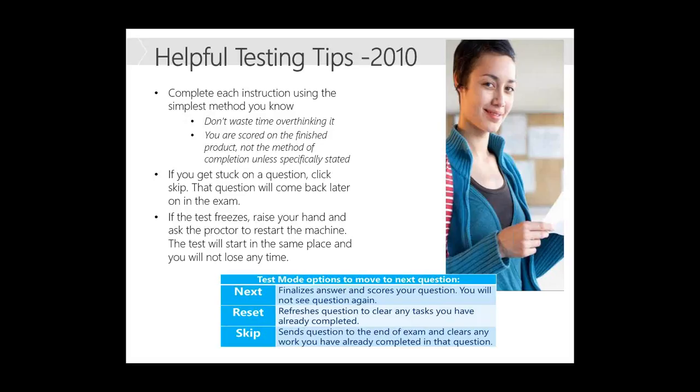We all know that there's several different ways you can change font, and you don't get scored on which way you decide on. It's just if you get the right answer. So just use the simplest method you know, because you're trying to save time. Don't waste time if you don't know a question. Just skip it, and make sure you're telling your students all these things.